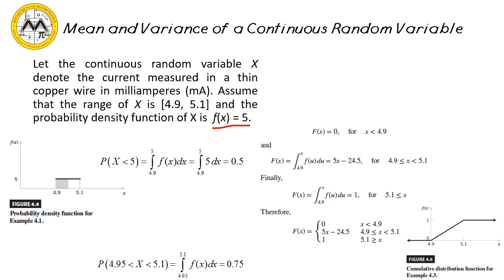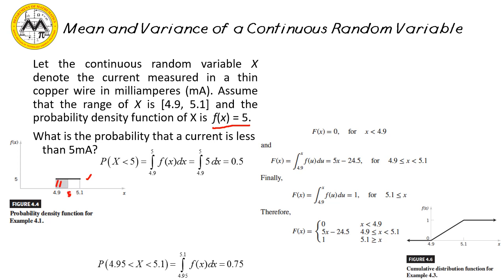If we are going to graph that, it would be a uniform continuous random variable. If we want to solve for the probability that it is less than 5, it would be this region.